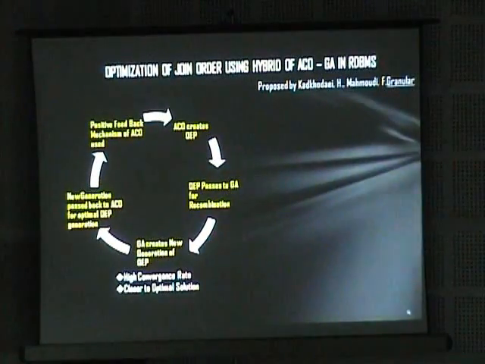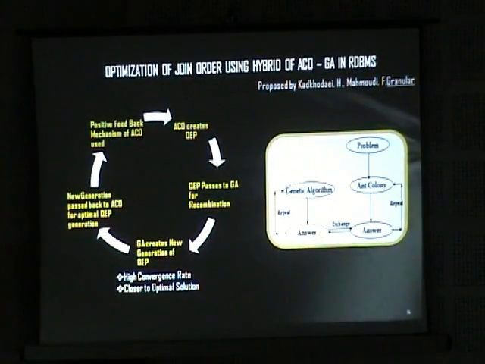The next one was again a combination of ACO and GA. This was implemented on the join order problem of relational database. Here it was a mix of ant colony optimization and genetic algorithm. Both the concepts were intermingled with each other. They started with ACO, which created query execution plans.